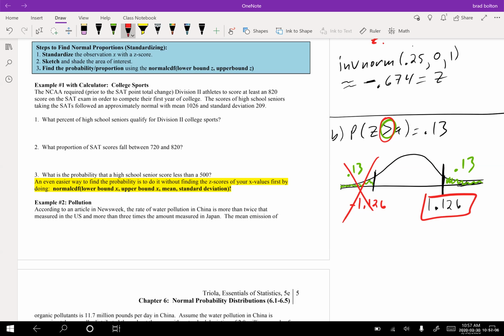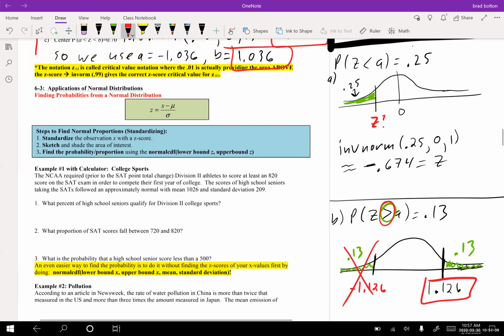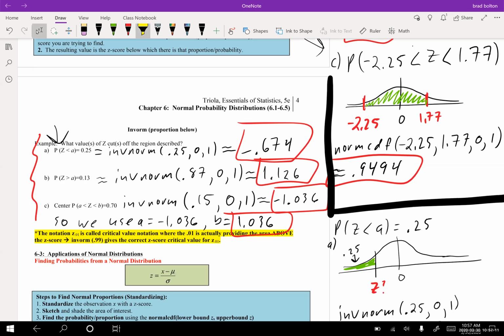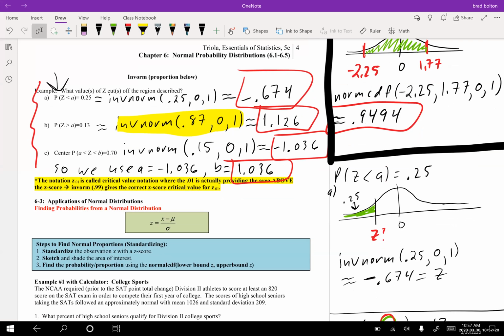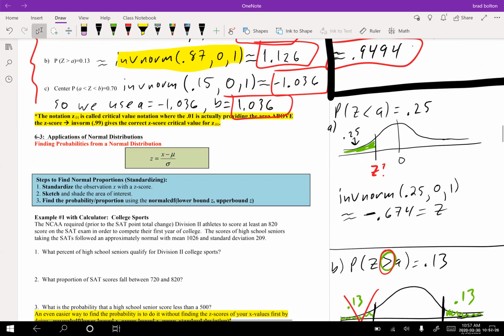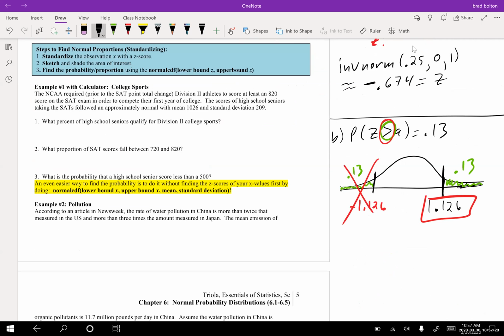Now, if you notice over here, what value did I use? I used 87. I used 0.87 or 87%. Well, the reason for that is this number right here, this positive 1.126, has 87%.